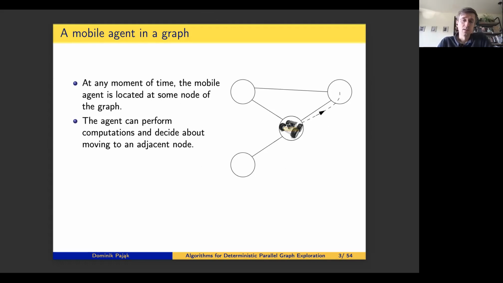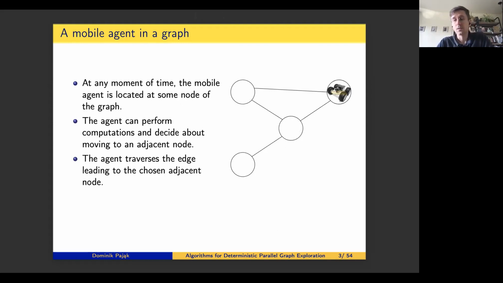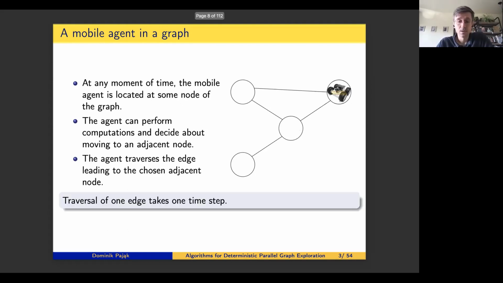And then it makes its step, and this traversal of one edge is typically assumed to take one step. So this is like one round. At the beginning, it does some computation, makes some decision where to go, then it chooses a destination, and then it makes a step.